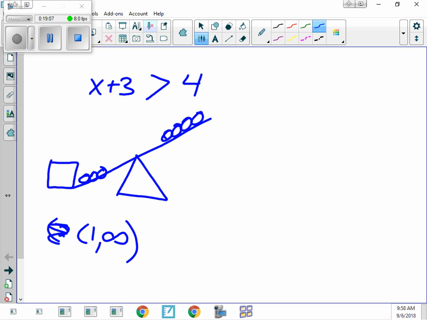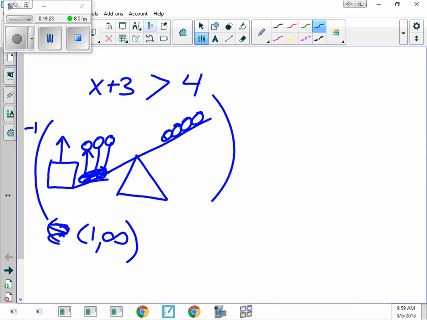Okay? But if I times this whole thing by -1, so now I'm going to turn this into a balloon that pushes up, and I turn this into 3 balloons, and I turn this into 4 balloons. What happens?